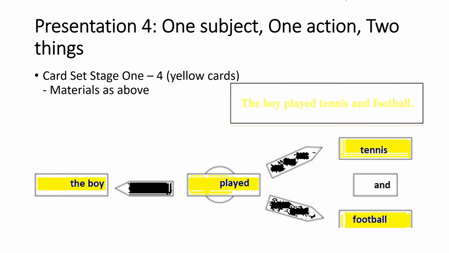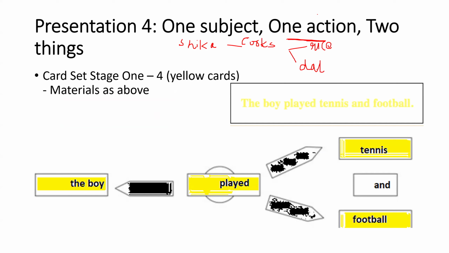So one subject, I will take Shika's name here. What one action does Shika do? Maybe Shika cooks. That is one action, but I need two things that she cooks. Maybe she cooks rice, and maybe she cooks dal. See, it is so easy.